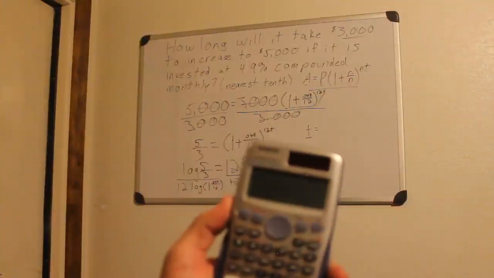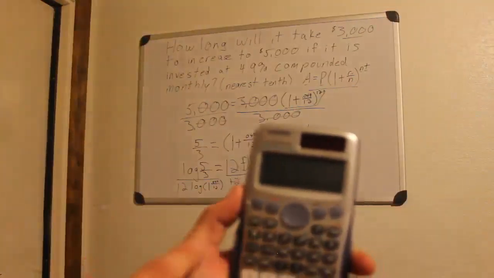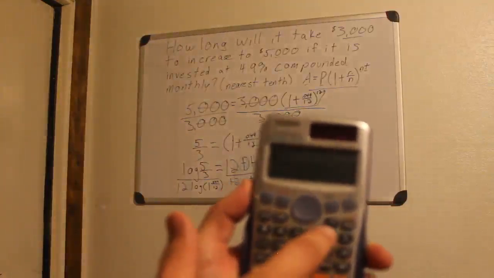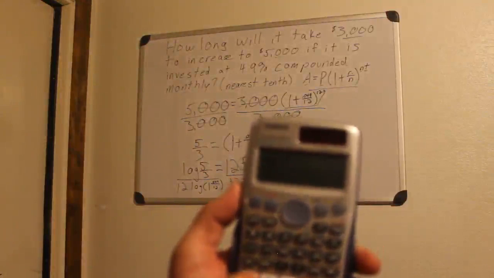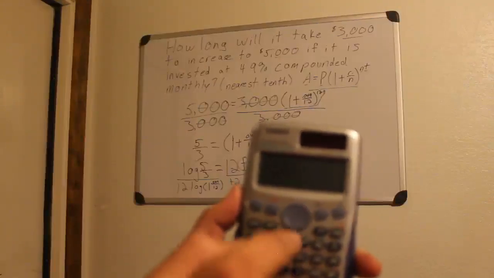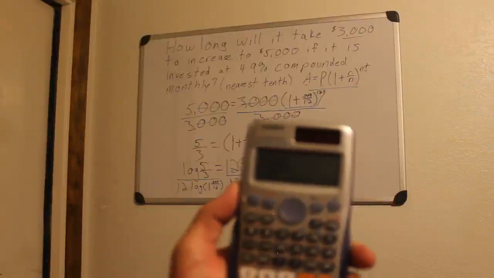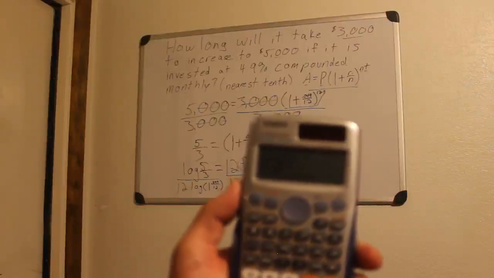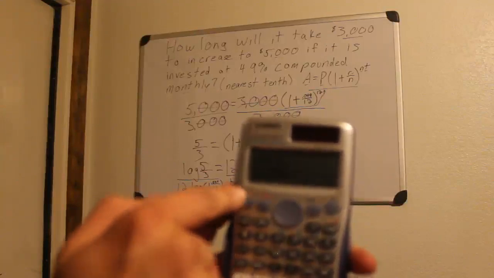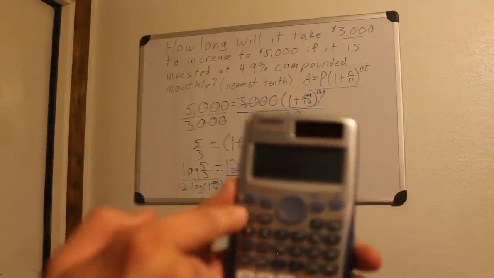So you start out by pressing the fraction button. You're going to type in log 5 over 3. Make sure you close the parentheses. Go to the bottom of the equation, type in 12 log. Make sure you hit shift and the fraction button to give you a mixed number.